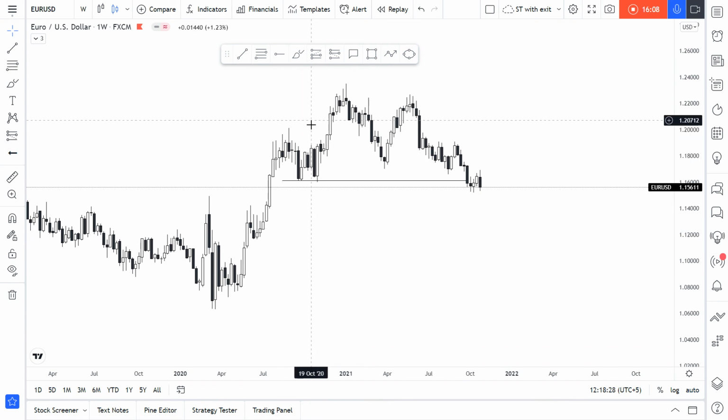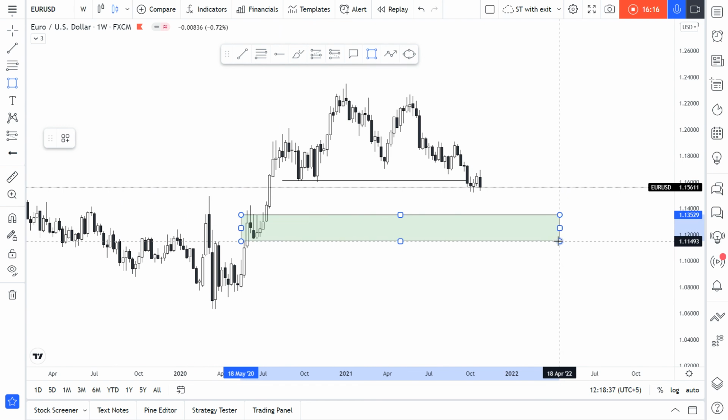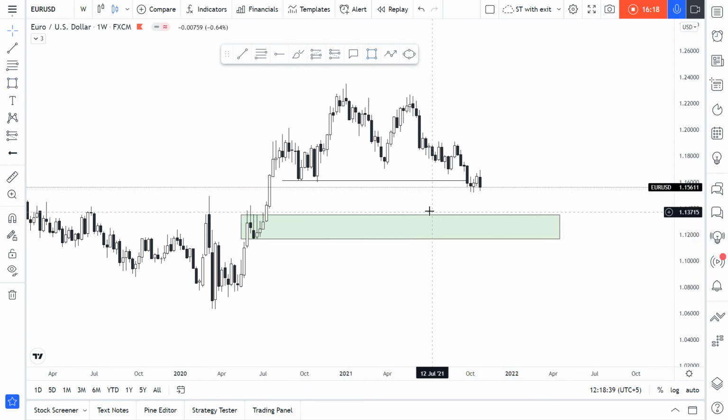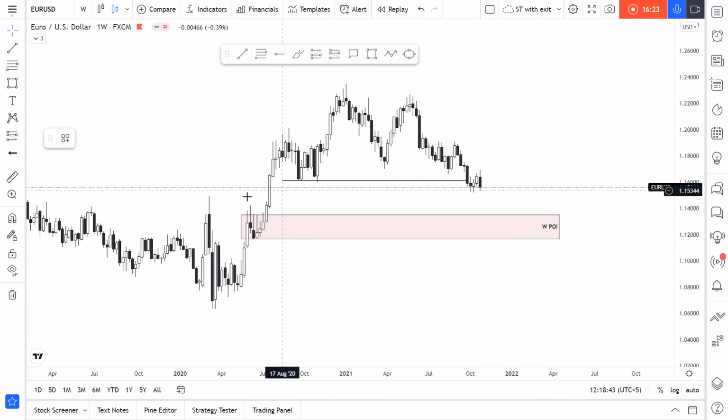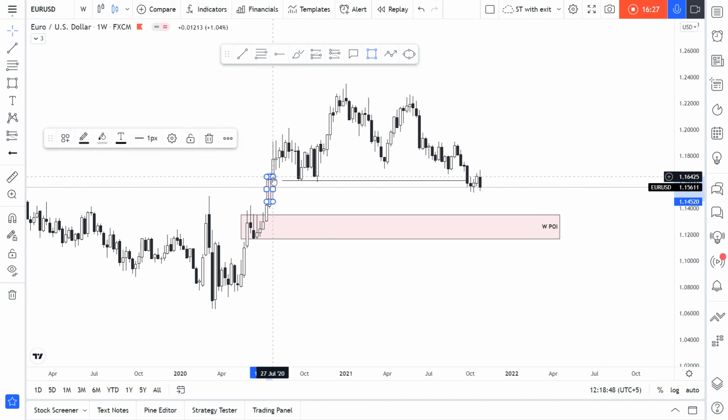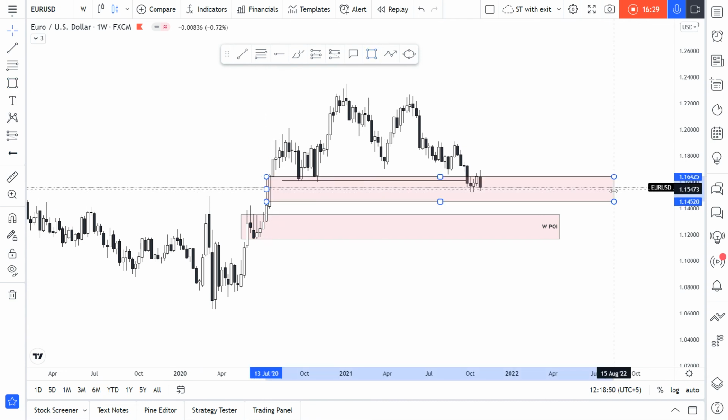The potential points of reaction are this level, and we got an imbalance here.